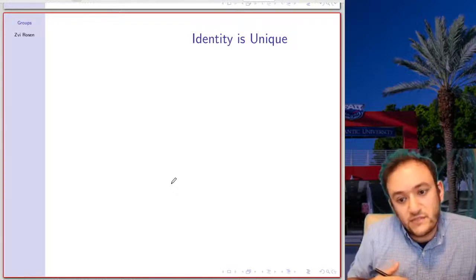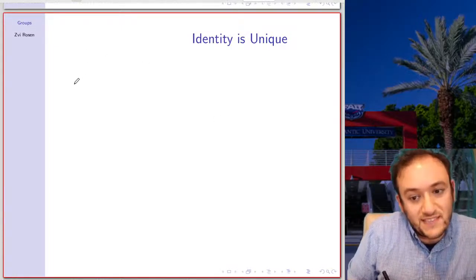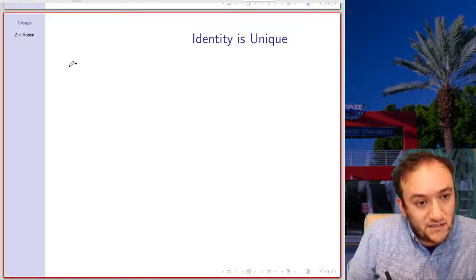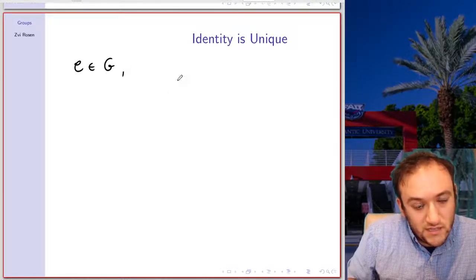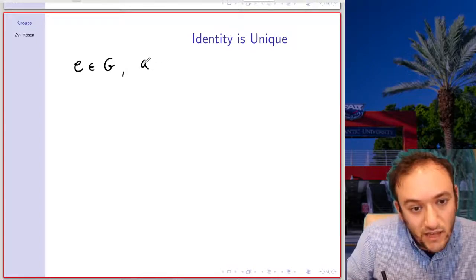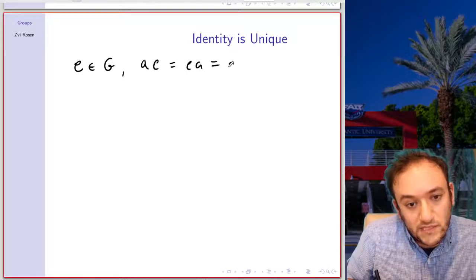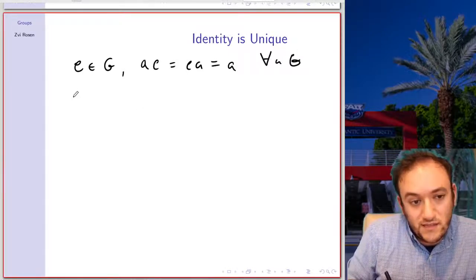Okay, so now let's deduce a few group properties. We want to show that the identity is unique. That means that the E in G such that AE equals EA equals A for all A in G is unique.